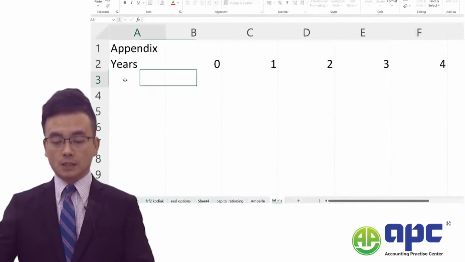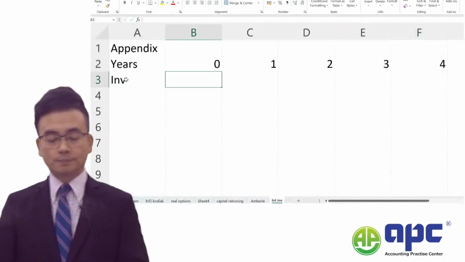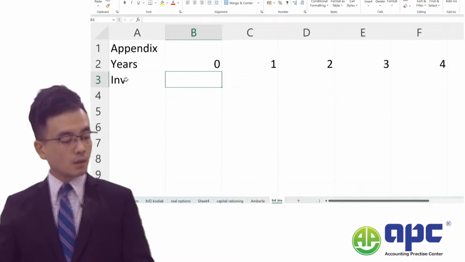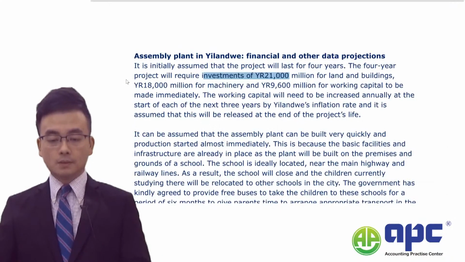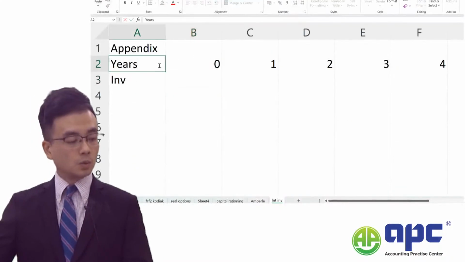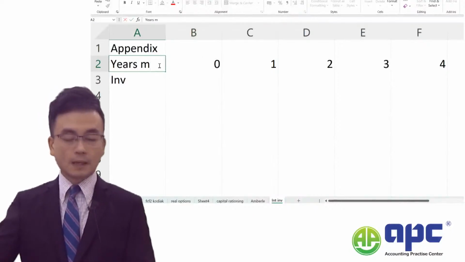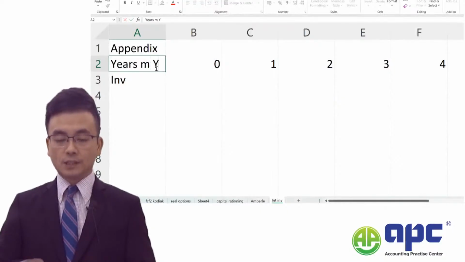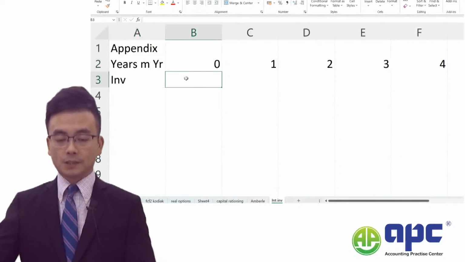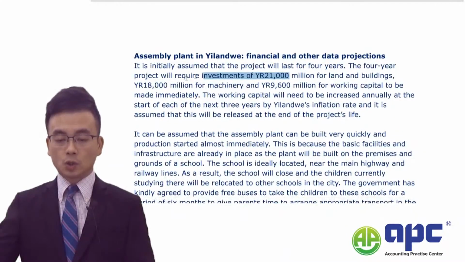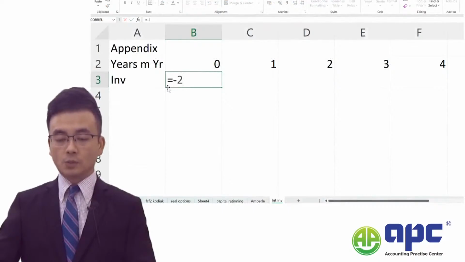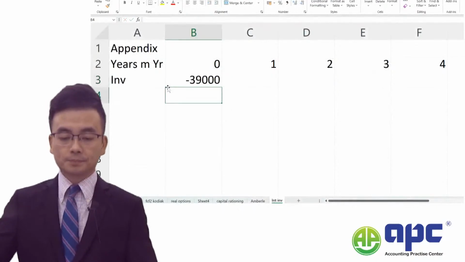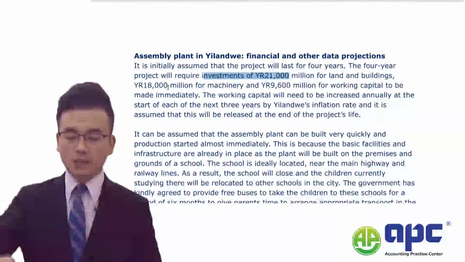Okay, so the investments that we need, if I were to use all of them in million, and that is in Yulandwi currency, the investment at the very first start, we've got 21,000 and 18,000 there. So equals to minus 21,000 and 18,000 there. Okay, let's take that off.